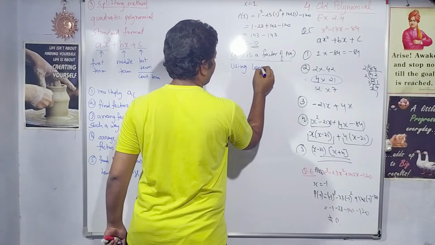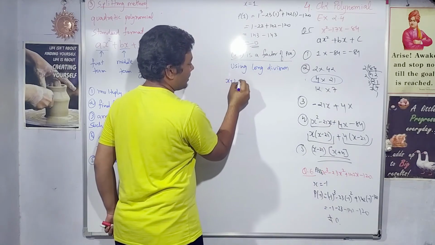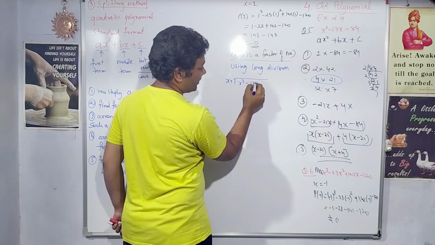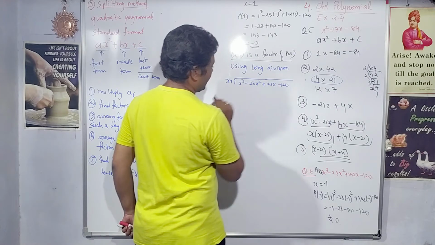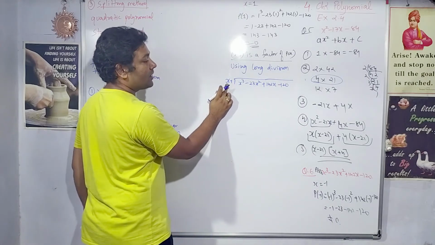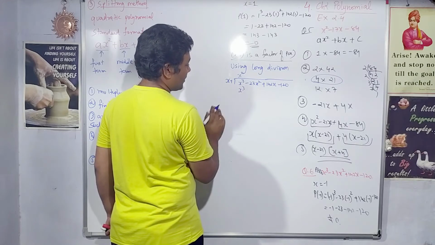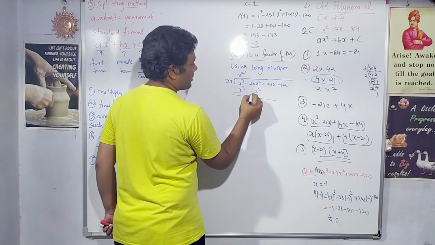So using long division, x minus 1 divided into x cube minus 23x square plus 142x minus 120. What will you multiply with the x to make x cube? x square. So it becomes x cube minus x square. Change the sign.